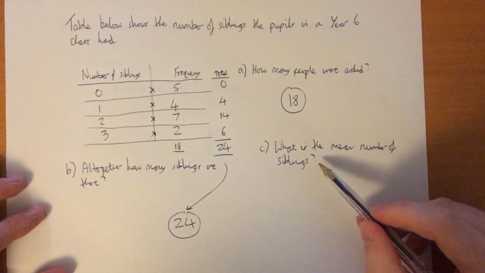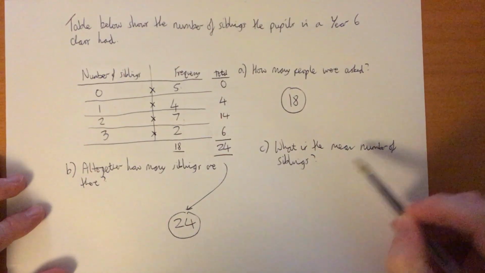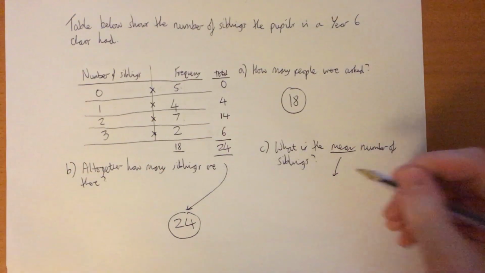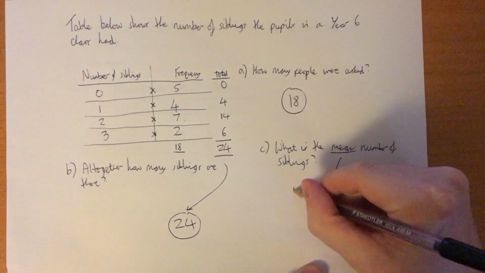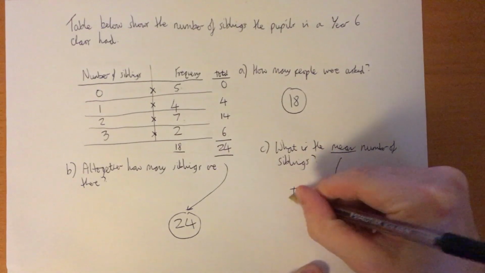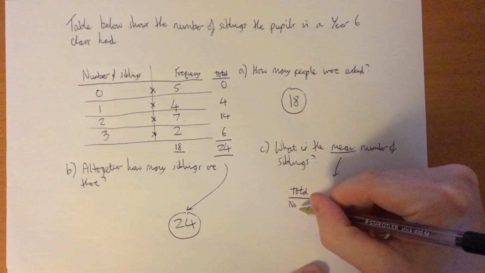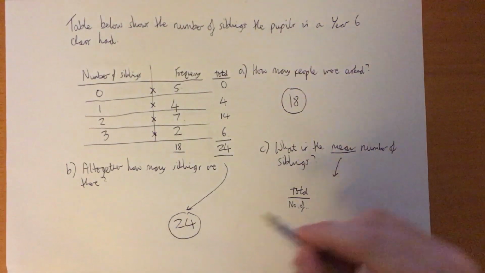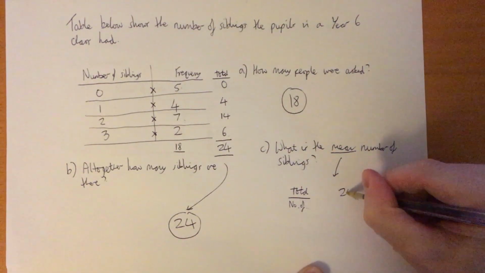Now part C said, what is the mean number of siblings? Now you know the word mean from yesterday's lesson, and also maybe from before, is the total divided by the number of whatever that there are. Now in this case, the total number of siblings is 24.